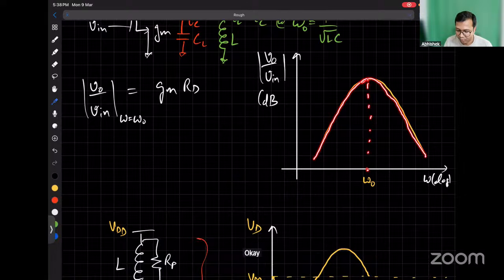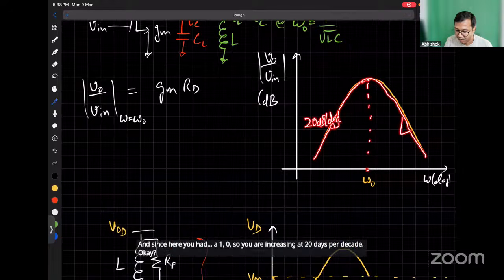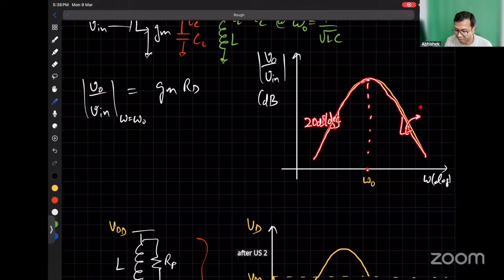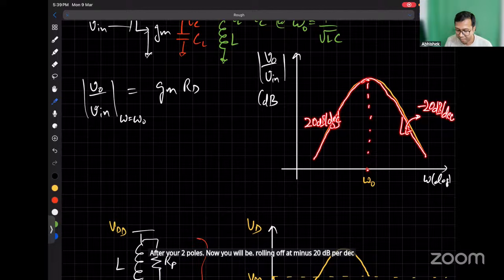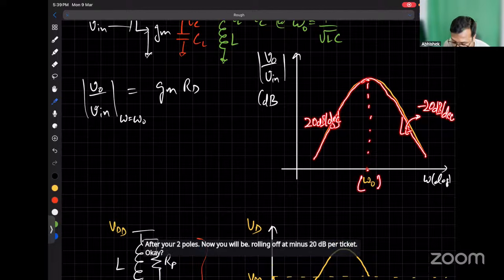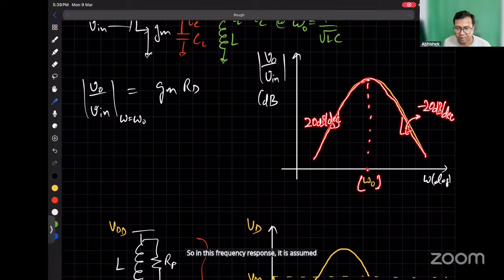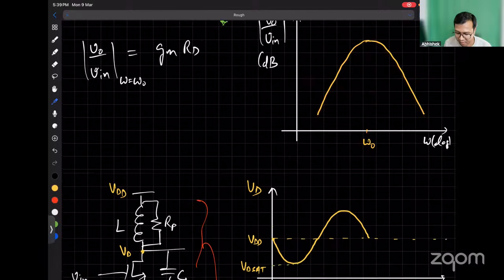The two poles add a minus 40 dB per decade roll off, and since you were increasing at 20 dB per decade because of the zero, after those two poles you will be rolling off at minus 20 dB per decade. In this frequency response it is assumed that the poles are complex, so at omega naught you get the effect of both poles. Is this clear?